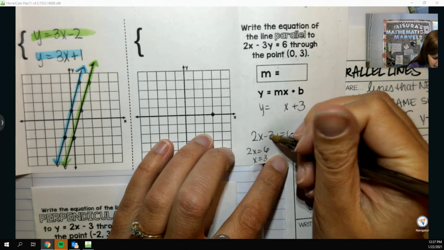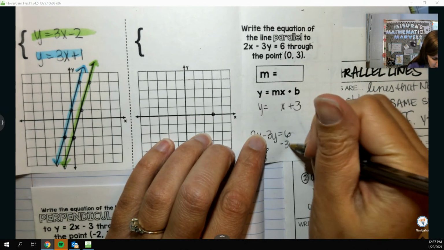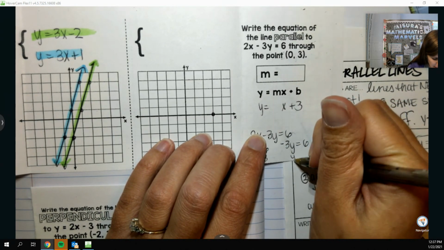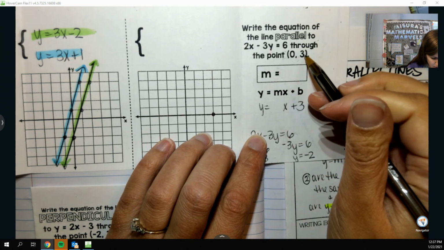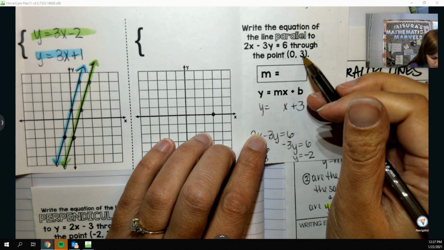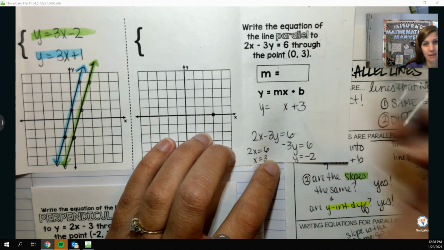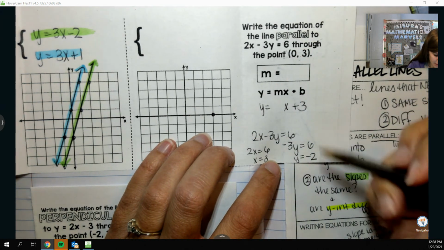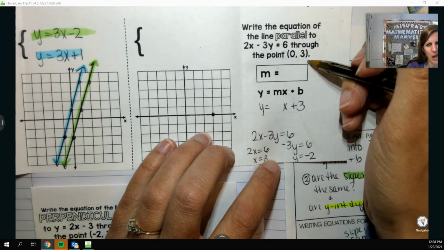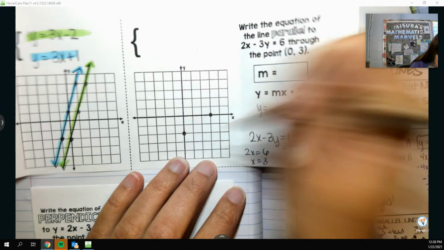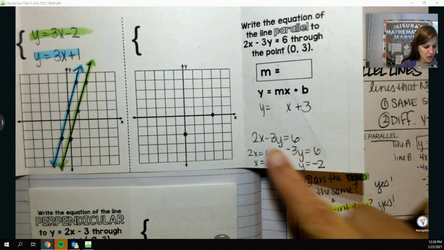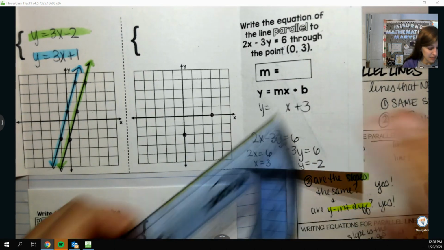And then I would ignore x and solve for y to find the y-intercept is negative 2. Ooh, why is that not the same? That's for the other line, not my line. So 1, 2. And so this line is going to be right here.